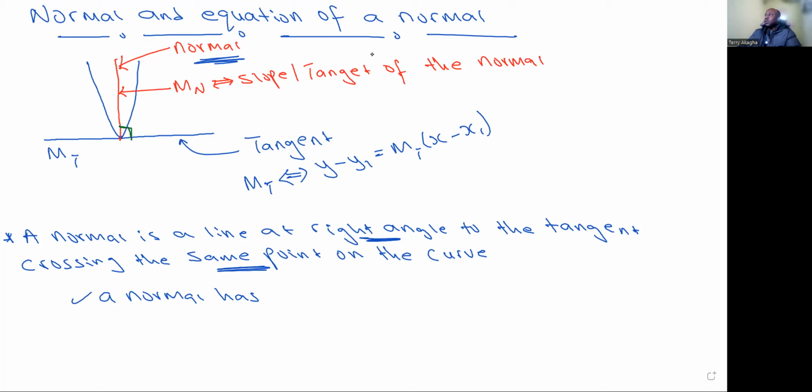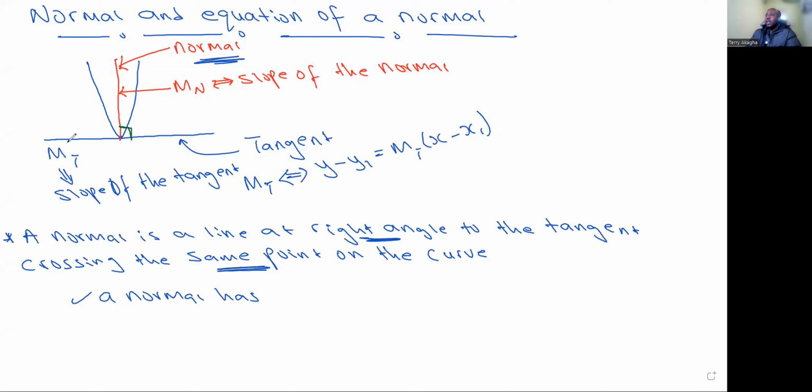In the previous video, I told you this was the slope of the tangent.